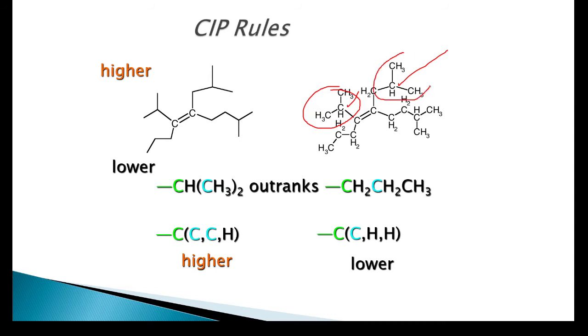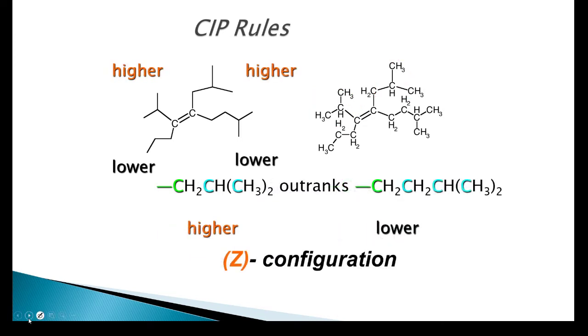Winner. Right there. So this is the higher side, and this should be the higher side as long as I'm looking at it right. And since they are next to one another, this would be Z configuration.